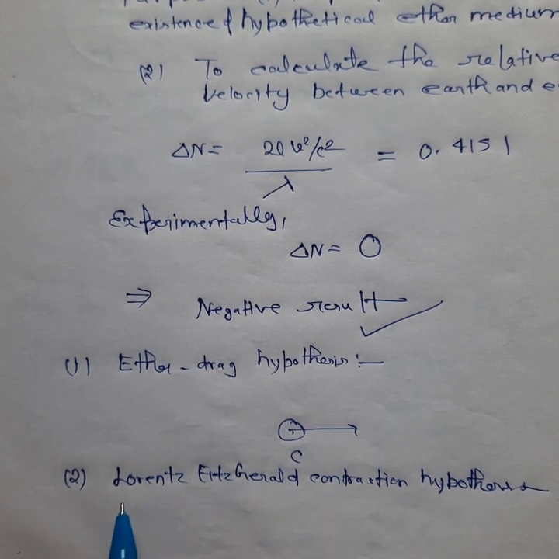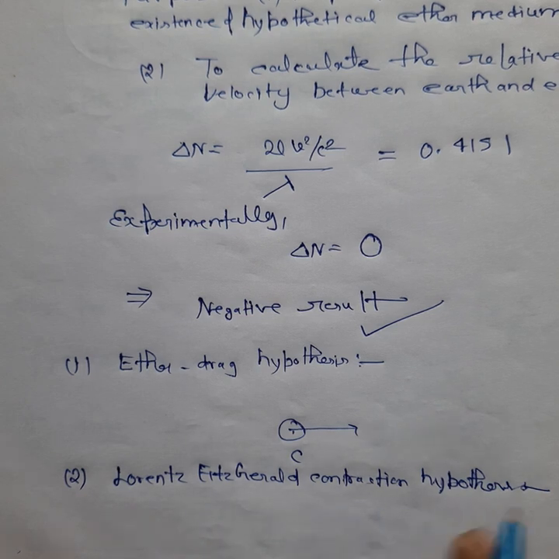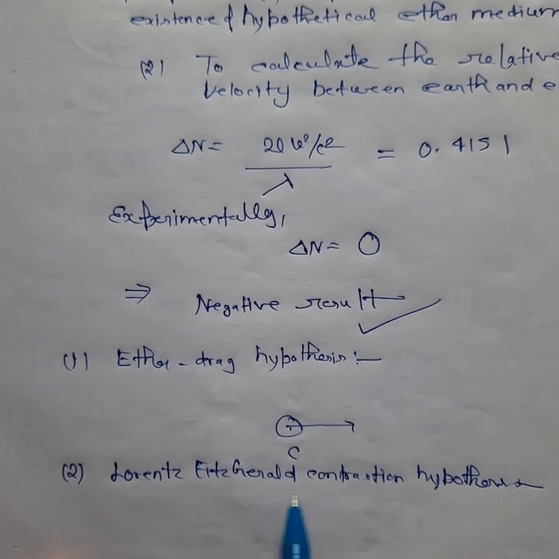The second explanation was given by Lorentz and Fitzgerald, and it is called the Lorentz-Fitzgerald contraction hypothesis.